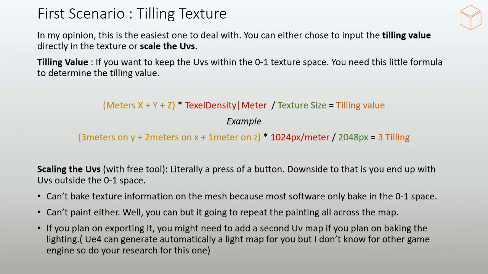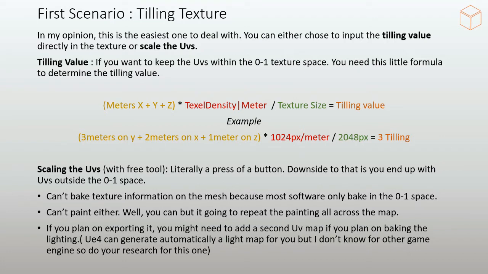So this might give you issues depending on the situation, but basically you won't be able to bake texture information on the mesh, and you will be able to paint on it, but I think it kills the whole point of painting, which is making a more unique mesh. But you won't be able to do that because it's going to repeat the painting all across the texture.